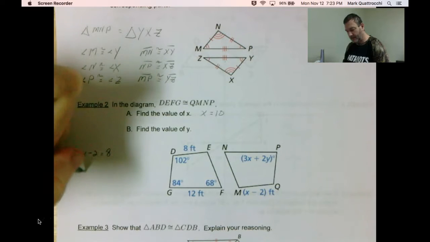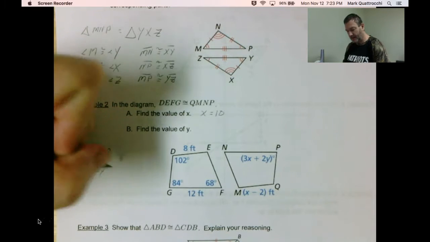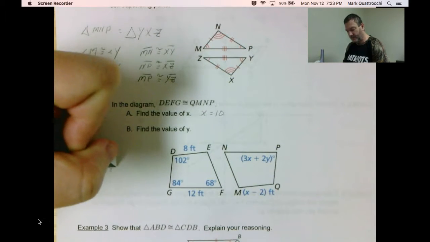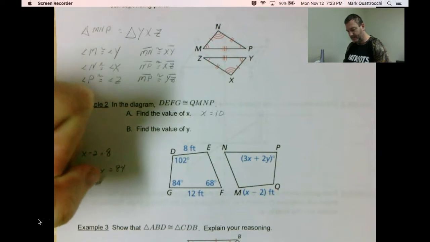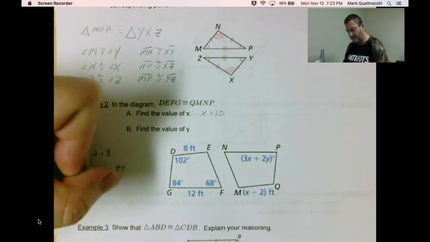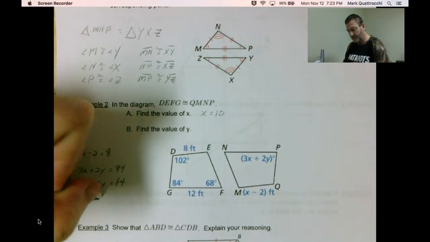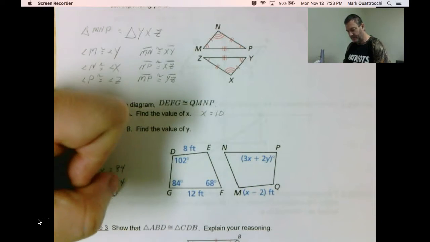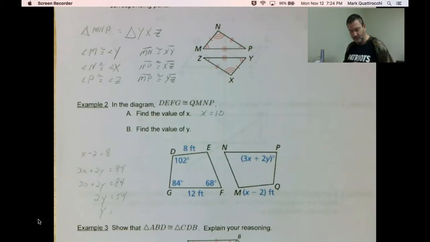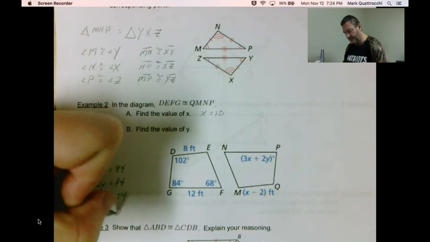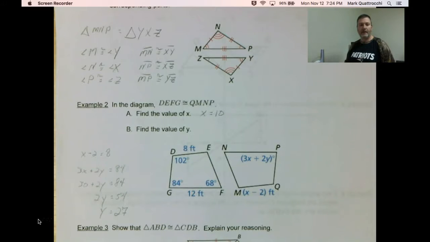So 3x plus 2y equals 84. 30 plus 2y equals 84. 2y equals 54. y is equal to 27. And there's the second answer to example 2.